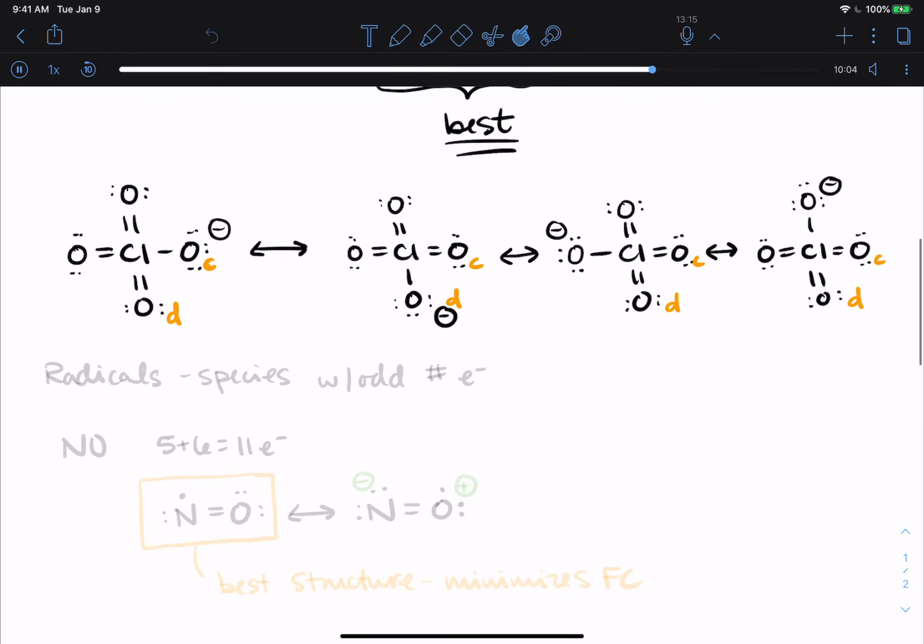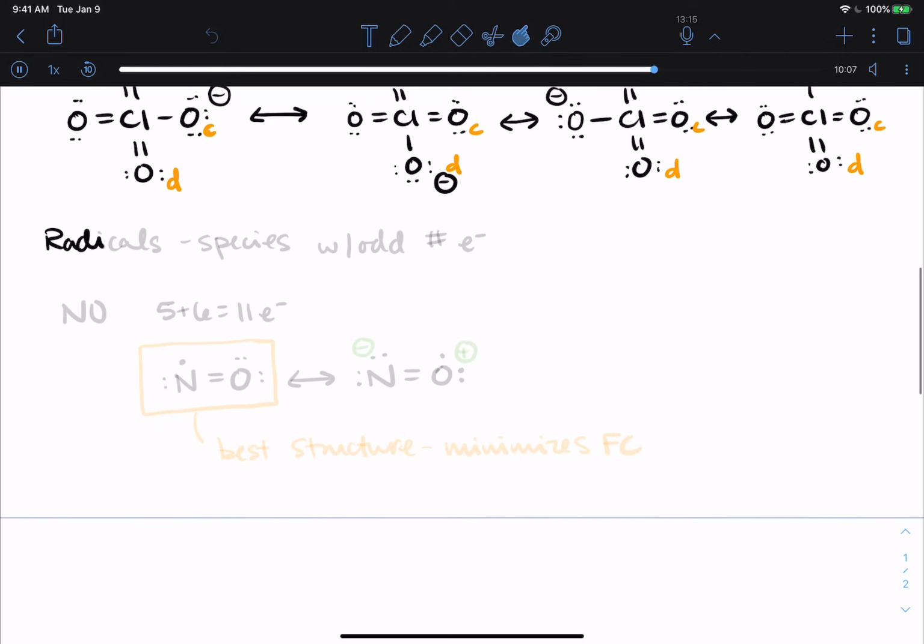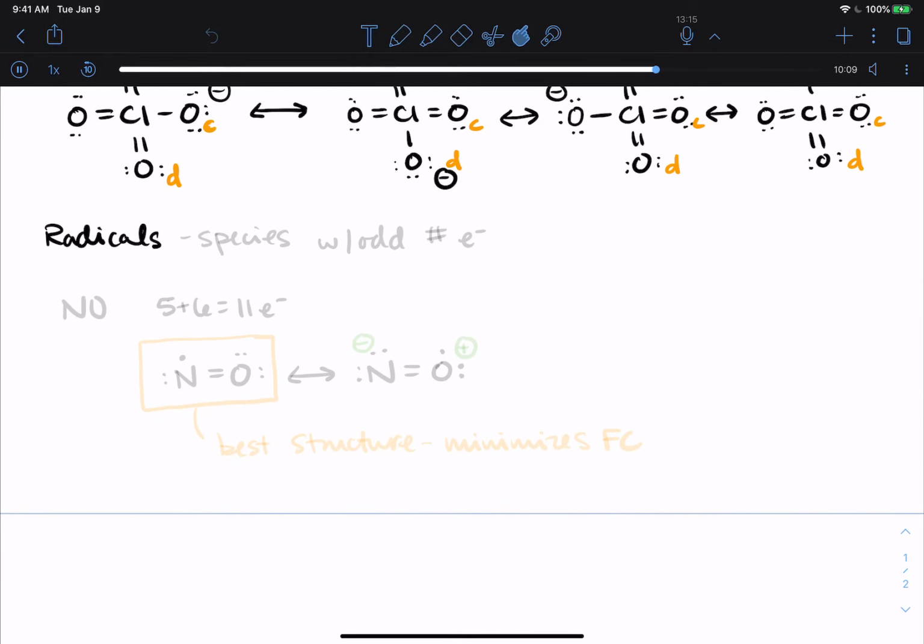The last mini topic here is about radicals. These are species that have odd numbers of electrons. And you can use all of the rules and steps to figure out which structure is the best structure.